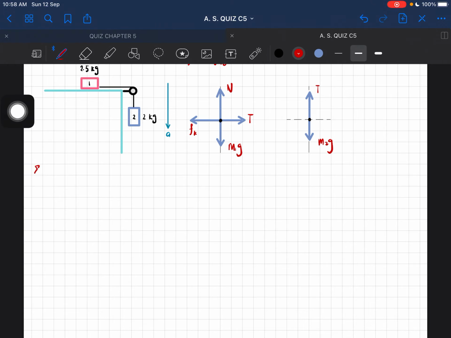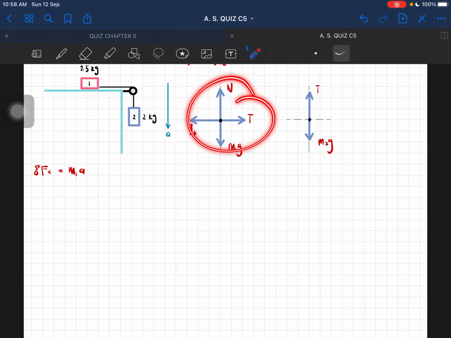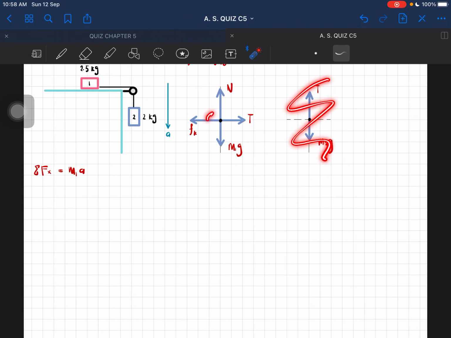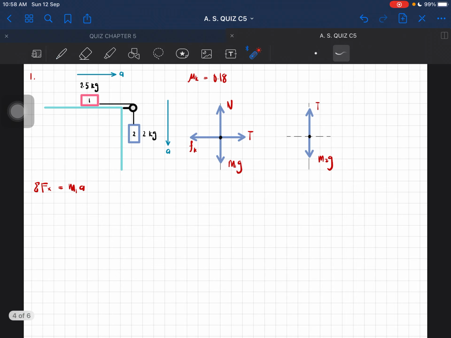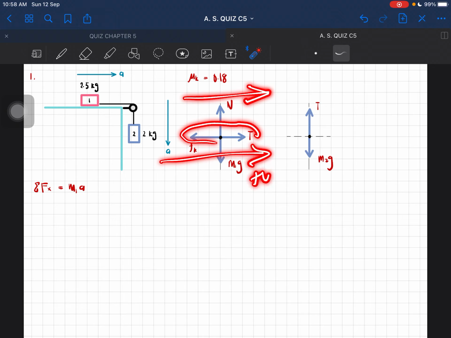Total force at x is equal to m1a. We are going to look at the first block first. The acceleration is going to the right, so any forces going to the right will be positive.